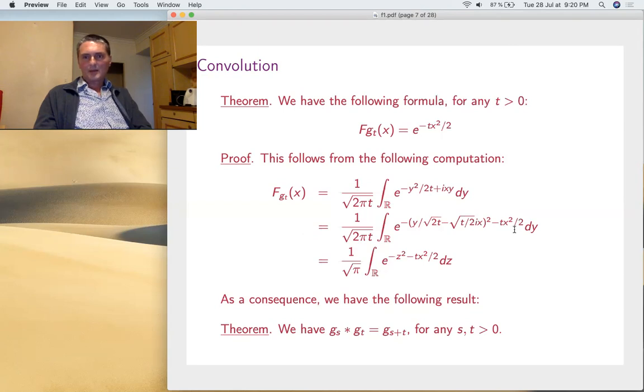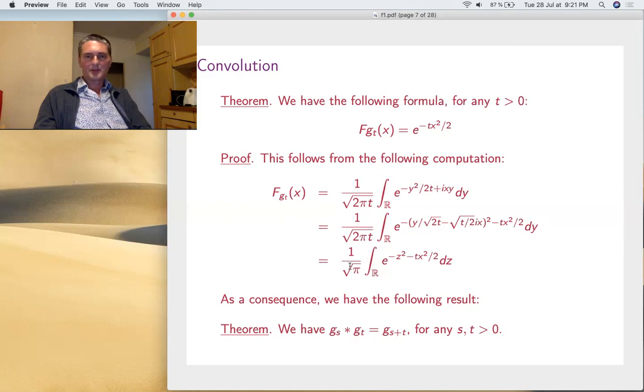Now I made a square, so I can denote this by z. So the square is just this thing. Then I write z as y over square root of 2t, and dy changes. So there is a square root of 2t factor which comes in here.